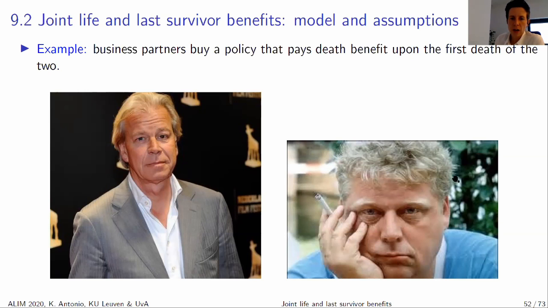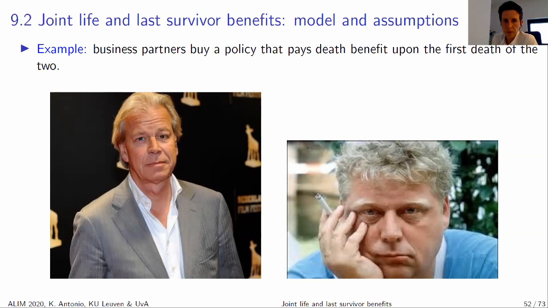But the guy here is the Dutch director, Theo van Gogh. And this is his business partner, Gijs van de Westerlaken. So they had an art or a film company together. The reason why I put on this example is because Theo van Gogh was murdered in Amsterdam.